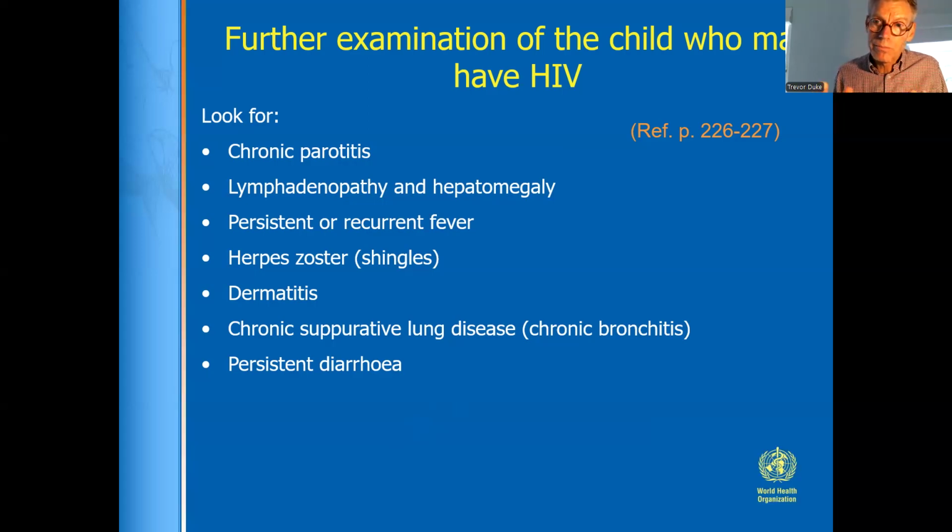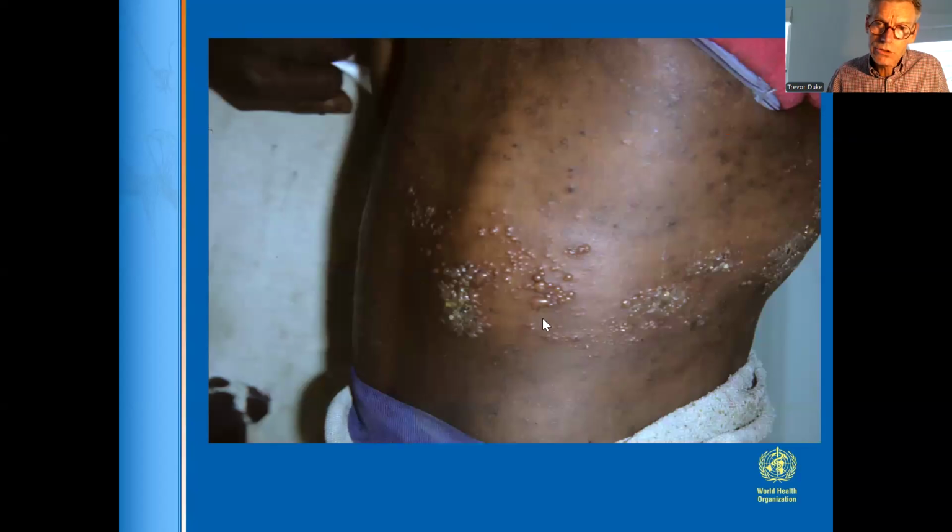Still, some mothers will not have testing done for whatever reason. It's not available at the antenatal clinic, and they may then be more likely to give birth to children who have HIV. This is herpes zoster.